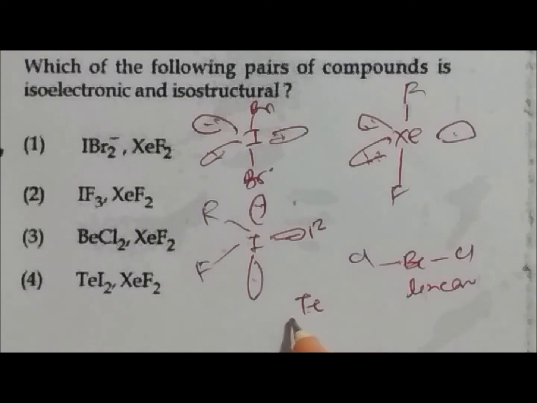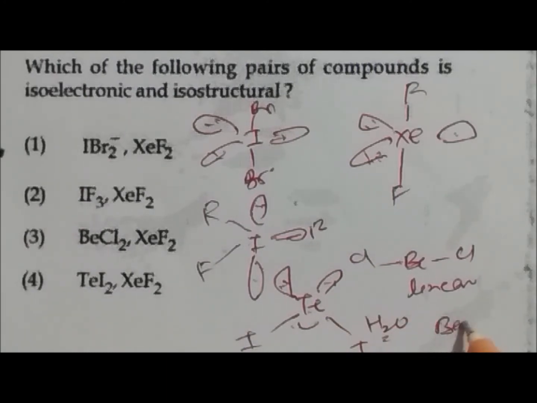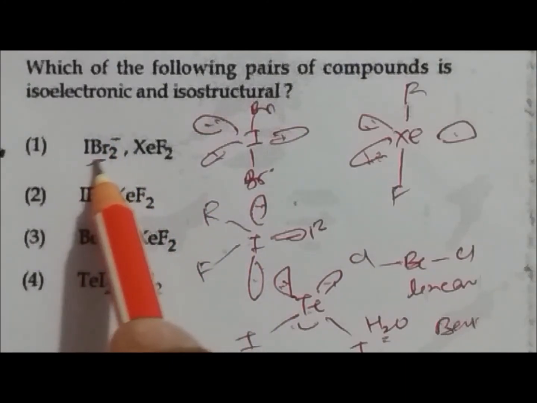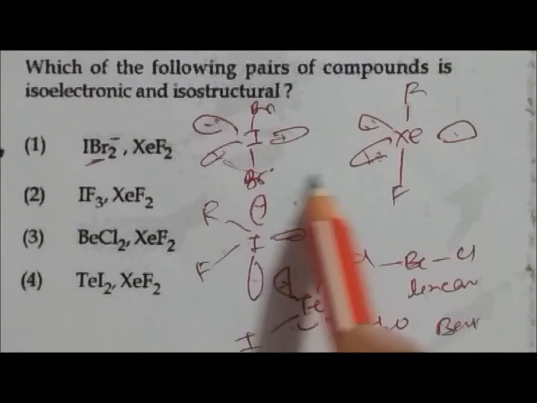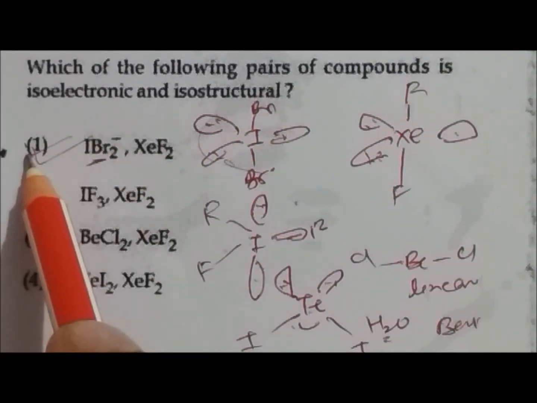If you draw it, this is the I, and these are the other I atoms, with lone pairs, so it is just like a water molecule, a bent structure. So if you see structure-wise which is isoelectronic, only these two are isoelectronic and isostructural. So this answer is our correct answer.